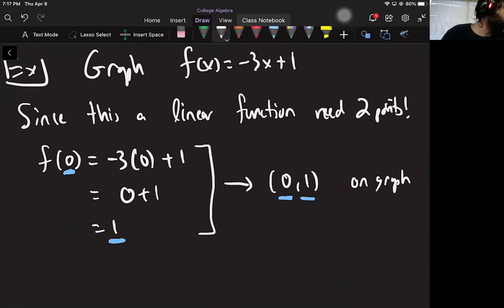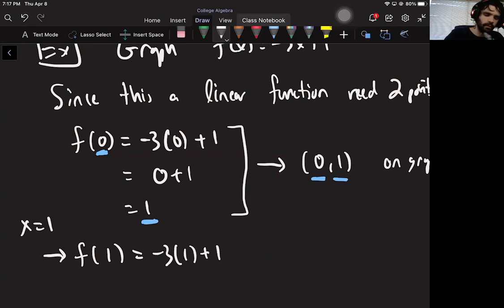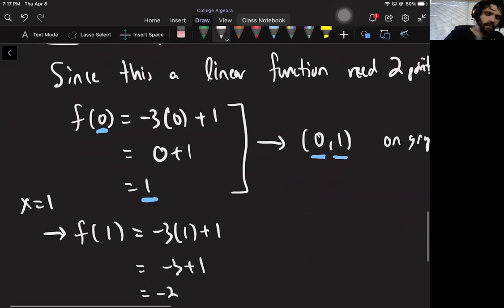Okay, so what about another one? What about if I plug in 1? So this is back to the old notation. I'll say x equals 1, tells you that f of 1 is -3 times 1 plus 1, which gives us -3 plus 1, which gives us -2.